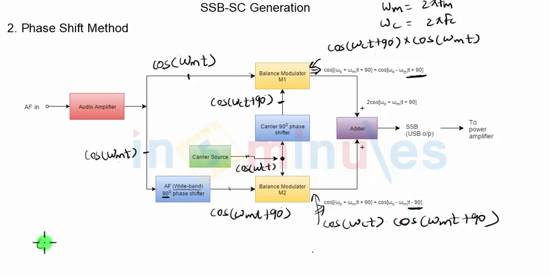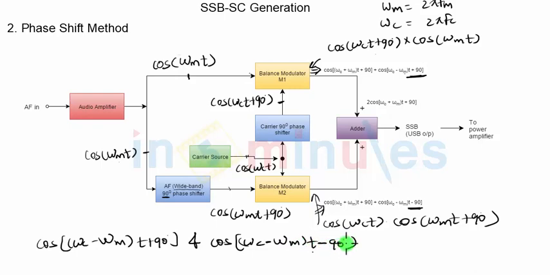So if I consider cos((ωc − ωm)t + 90) and cos((ωc − ωm)t − 90), because this is 90 degrees ahead in phase and the second term is 90 degrees behind in phase, the total phase difference between the two terms is nothing but 180 degrees. And we all know that when there is a phase difference of 180 degrees between two cosine terms, then both the cosine terms will be exactly the same but opposite in sign.